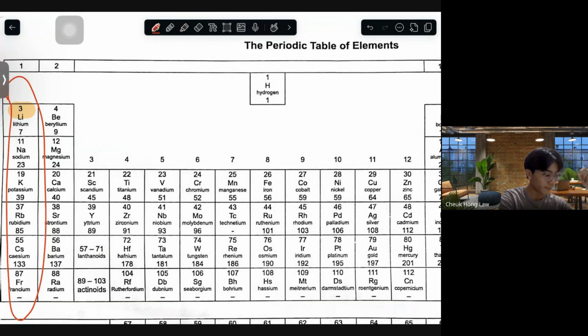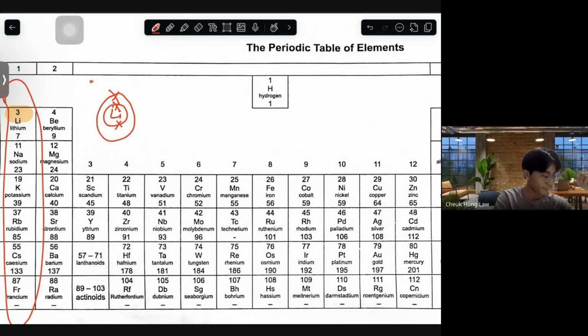So what will be the configuration? The configuration is 2, 1. Right? So how many electron shells does lithium have? 2. Then let's look at sodium. Okay, sodium is 1 below lithium. Sodium has 11 electrons. So the configuration is 2, 8, 1.